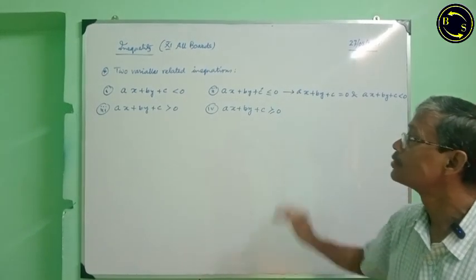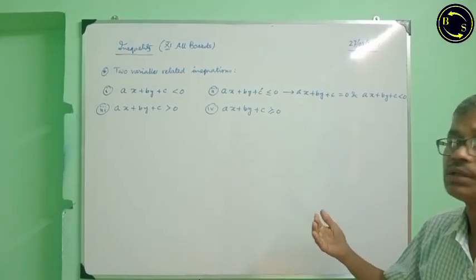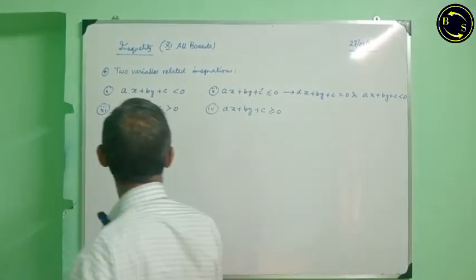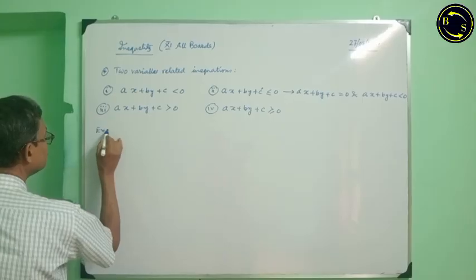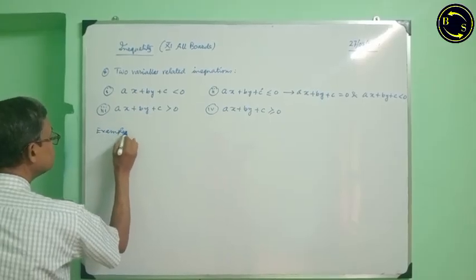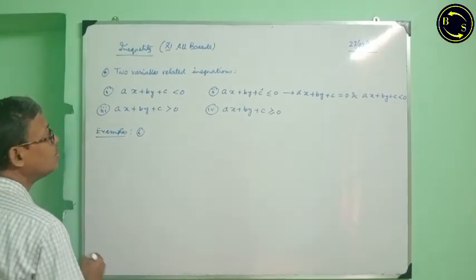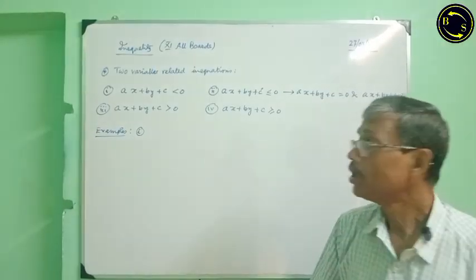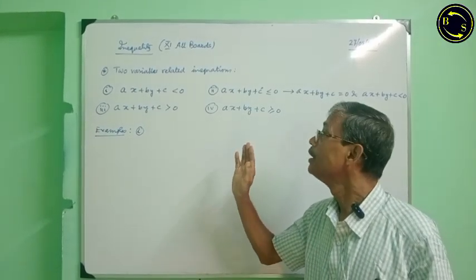Now, how to draw graphs on the two-dimensional plane, that is xy plane? For that, we will take particular examples. Though I have written here two variables, in case of one variable, the concept is applicable.